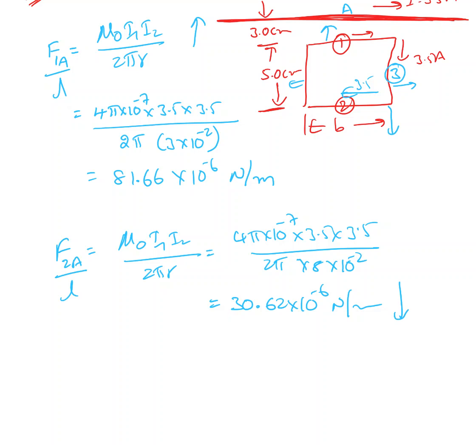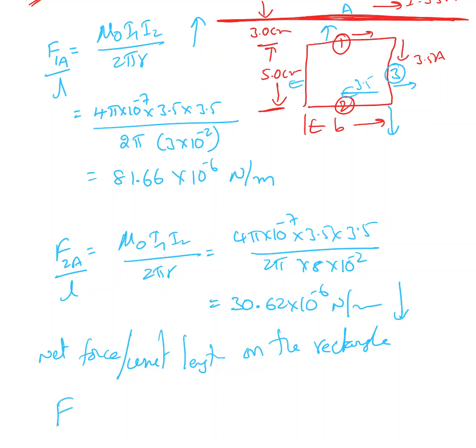So the net force on the rectangle per unit length: one force is acting towards the long conductor, another force is acting away from the conductor.